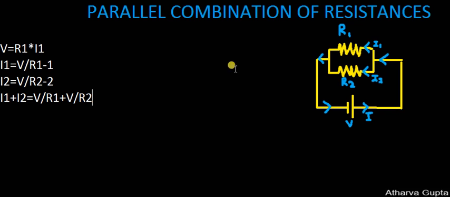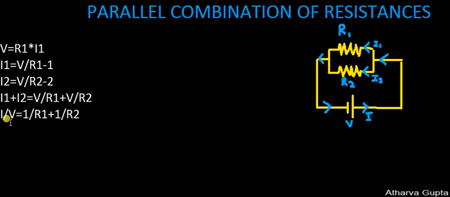From this part of the equation we can take V common and shift it right here. And earlier we talked about the value of I1 plus I2, which was equal to I. So in place of I1 plus I2 we can write I, and I divided by V is equal to 1 upon R1 plus 1 upon R2.